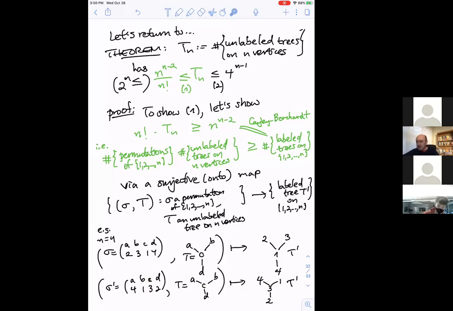So what am I saying? I'm saying this map that I've described, it's not injective. There are many things that map to the same place, but on the other hand, it's definitely surjective. You can see that every tree T prime on the vertices 1 through 4, I'm going to get by picking some permutation and some unlabeled T here. Everybody okay with that?